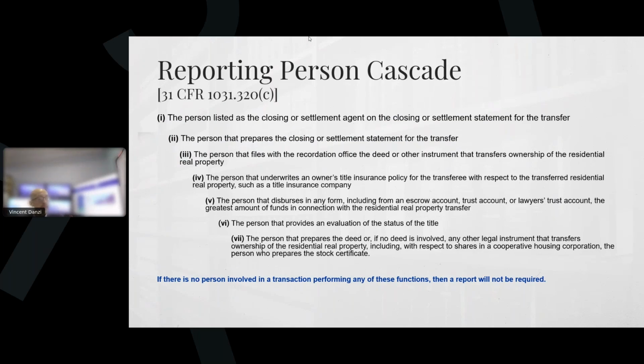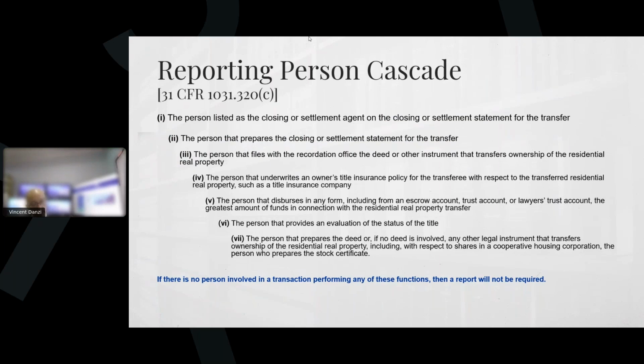The next question is, would the buyer and/or seller attorney always be the first person in the cascade because they prepare closing statements? Well, will they always be the first person in the cascade? No. I mean, we're there because there won't always be someone in that position, right?